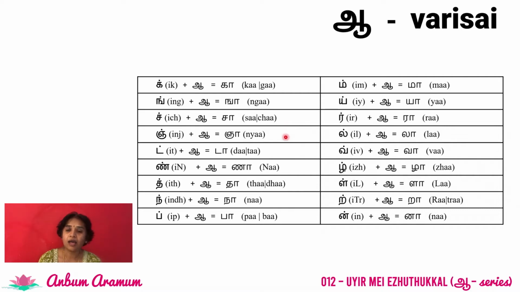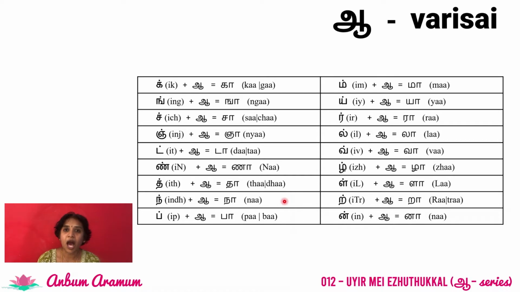Inj plus A is Nyaa. It plus A is Daa or Taa. In, the moon suri in, plus A is Naa. It plus A is Taa or Daa.